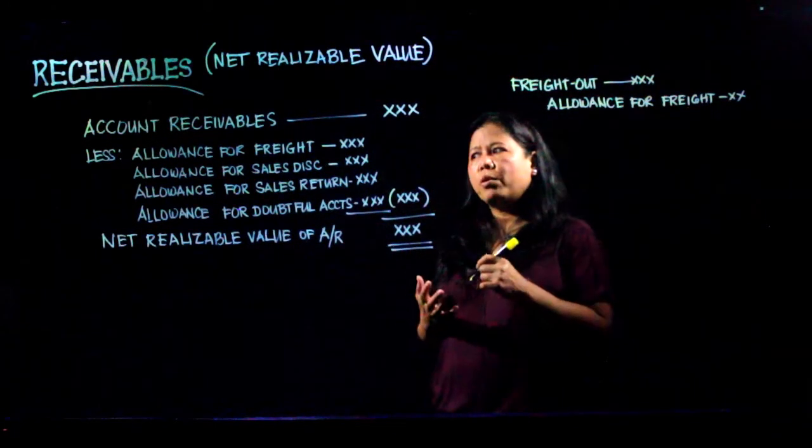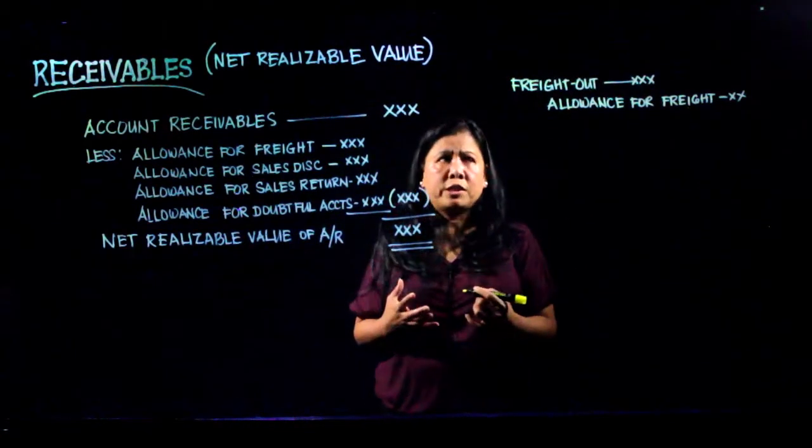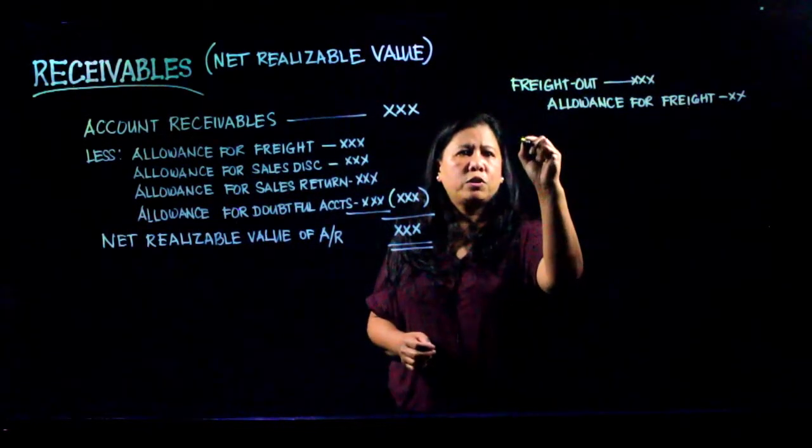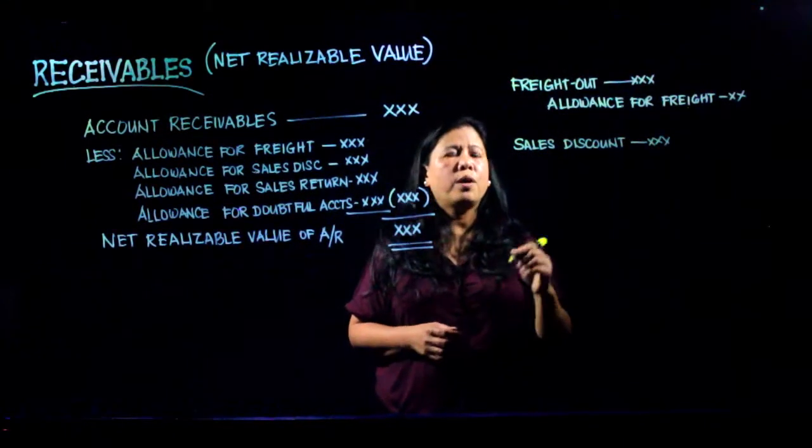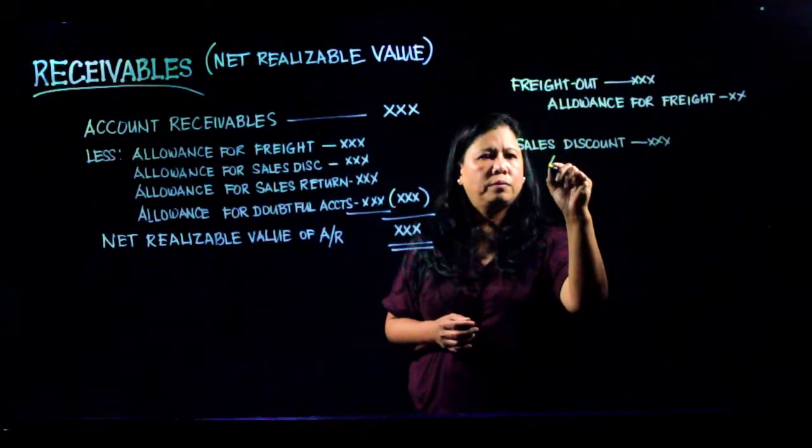Our entry to set up the allowance for sales discount is debit to sales discount and credit to allowance for sales discount.